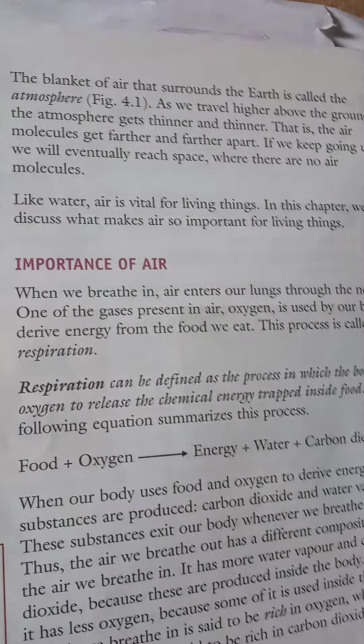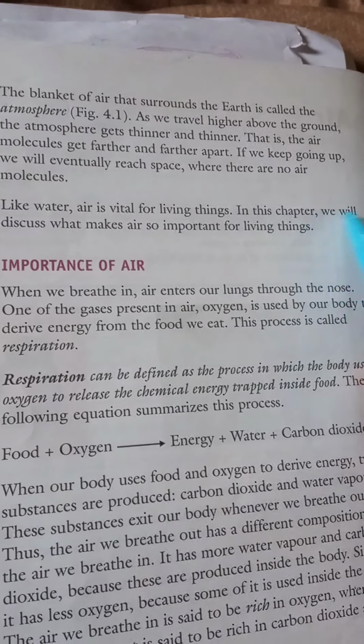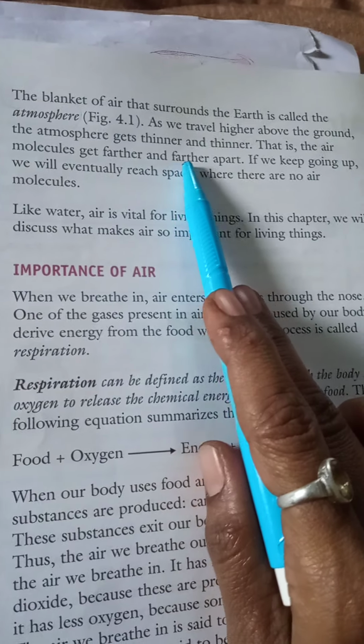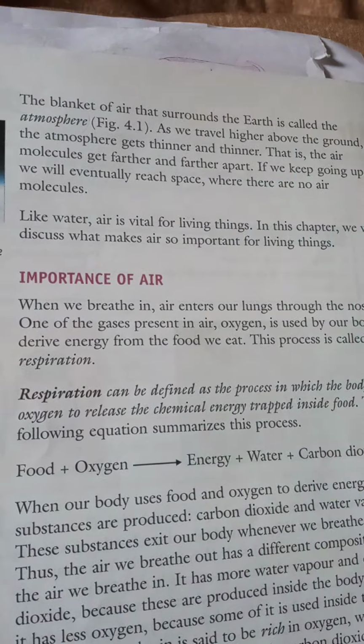As we travel higher above the ground, the atmosphere gets thinner and thinner, and the air molecules get further and further apart. If we keep going up, we will eventually reach space, where there are no air molecules.